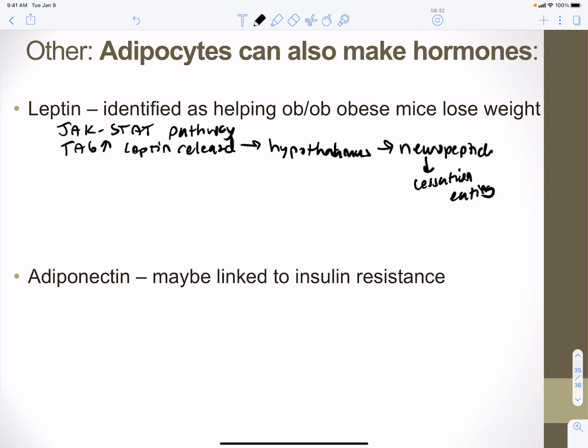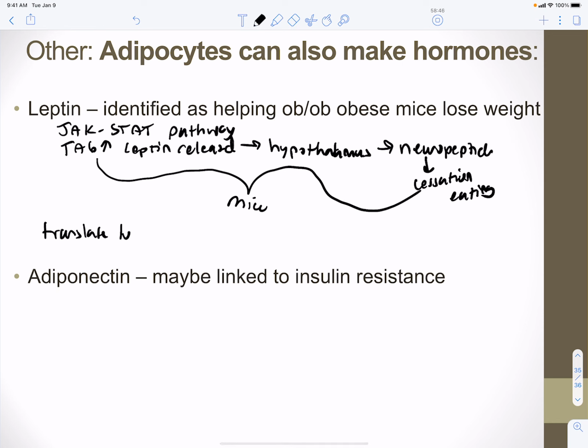Okay, so this whole story right here is in mice. Now, translate to humans. Unfortunately not. So in mice, if you give leptin, then it's going to cause weight loss.